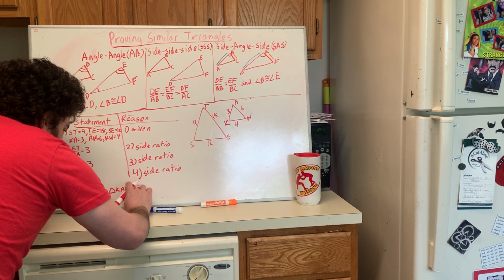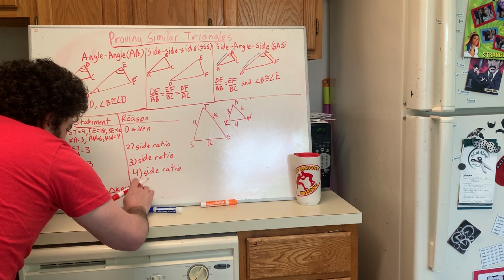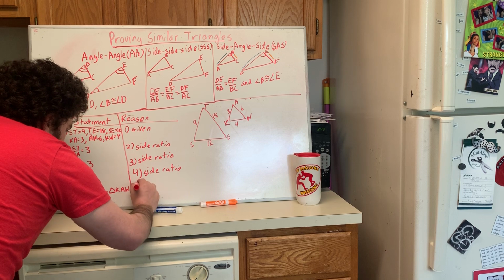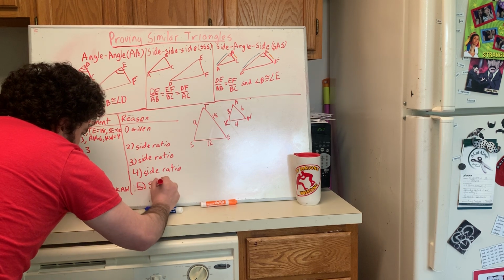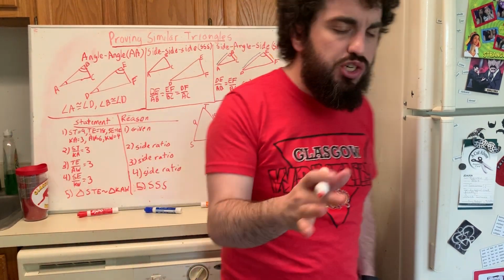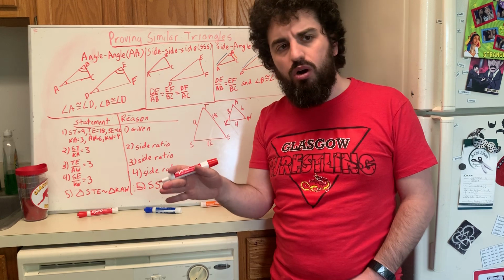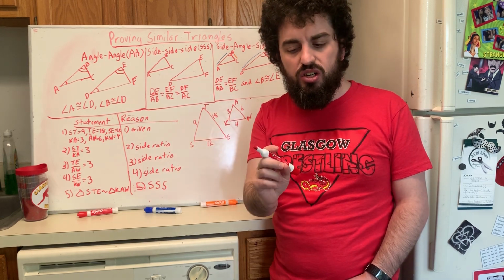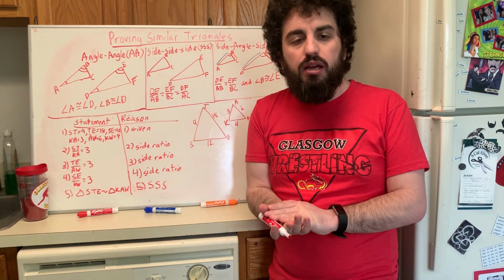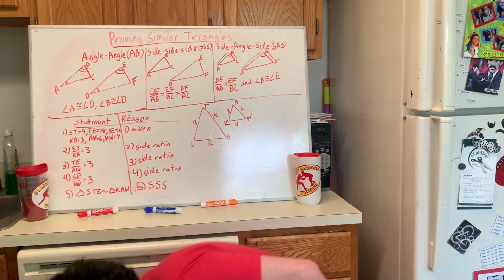And our reason is simply put side, side, side. So we know all the sides maintain that singular ratio of being 3 times larger in the big one. Since it has a consistent ratio, hey, we know these are similar by side, side, side.